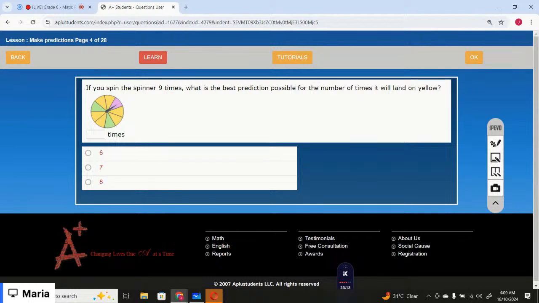The probability of yellow is 6 by 9, right?